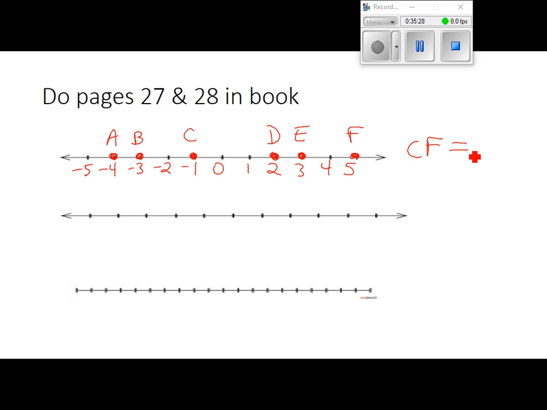In this first example, what do they want us to find? Length of segment CF. Easiest way to find the length of segment CF is to do what? So let's do that. 2, 3, 4, 5, 6.